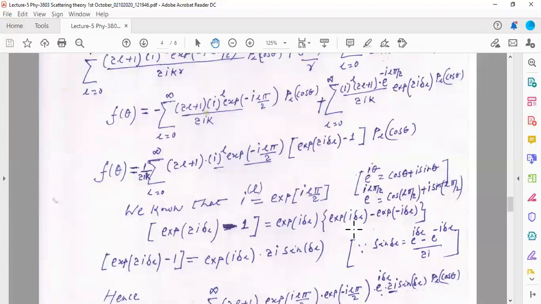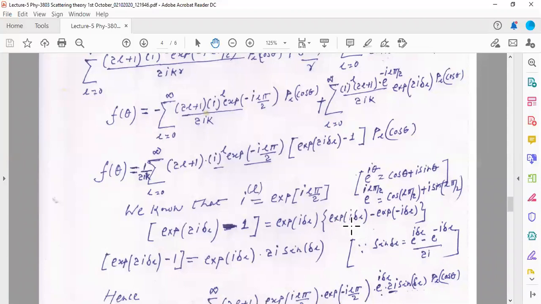Okay. So once you know this term, you see e to the power of i delta L minus e to the power of minus i delta L is basically a sine of delta L. So I can write down this factor: e to the power of i delta L minus e to the power of minus i delta L is 2i sin delta L. This relation is known to you.